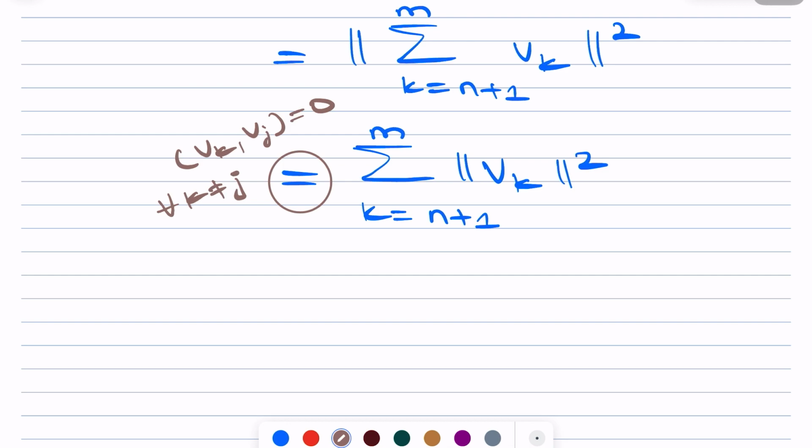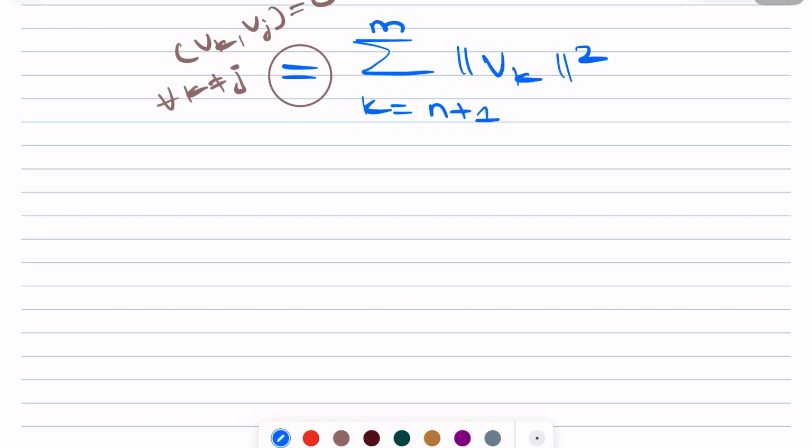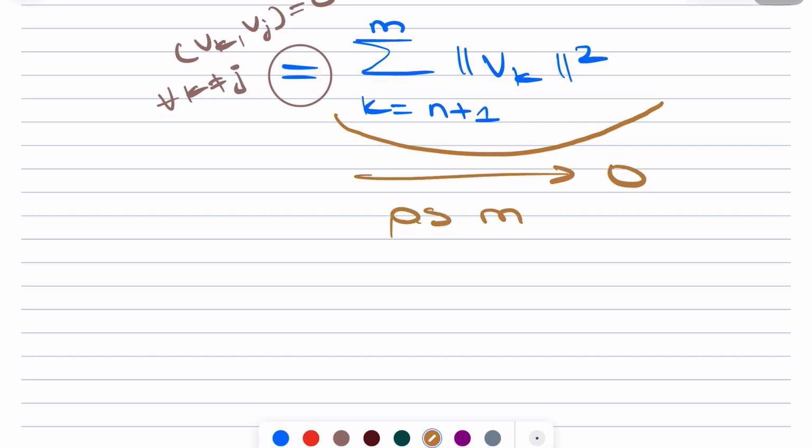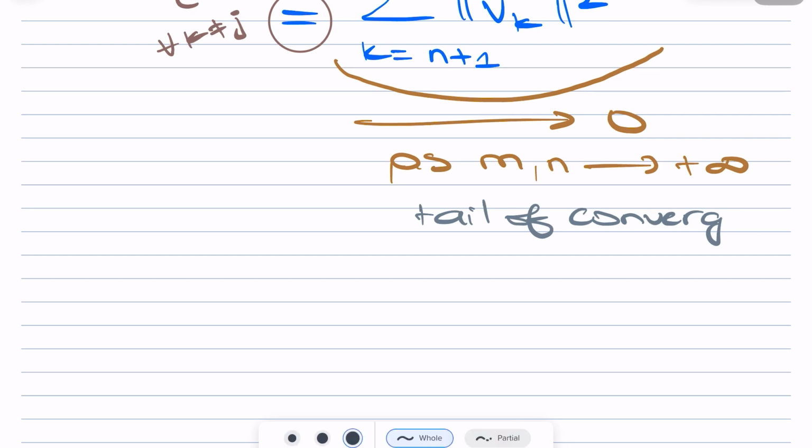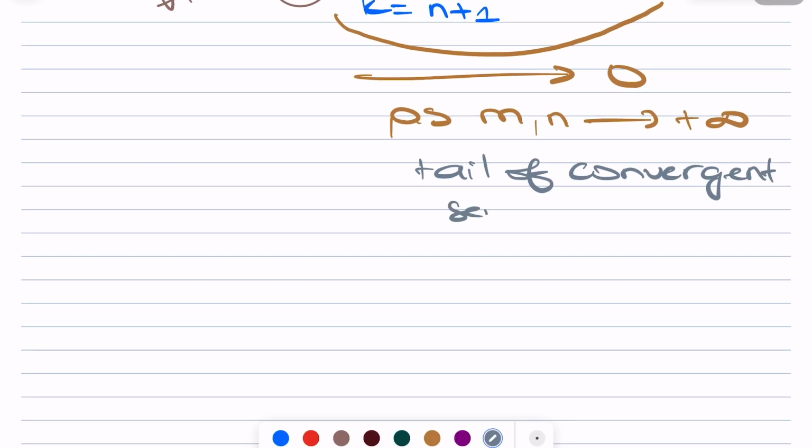And now what you should notice is that this actually goes to 0 as n goes to plus infinity, because this is the tail of a converging series. Remember from analysis 1 or 2 that the tail of a convergent series tends to 0.